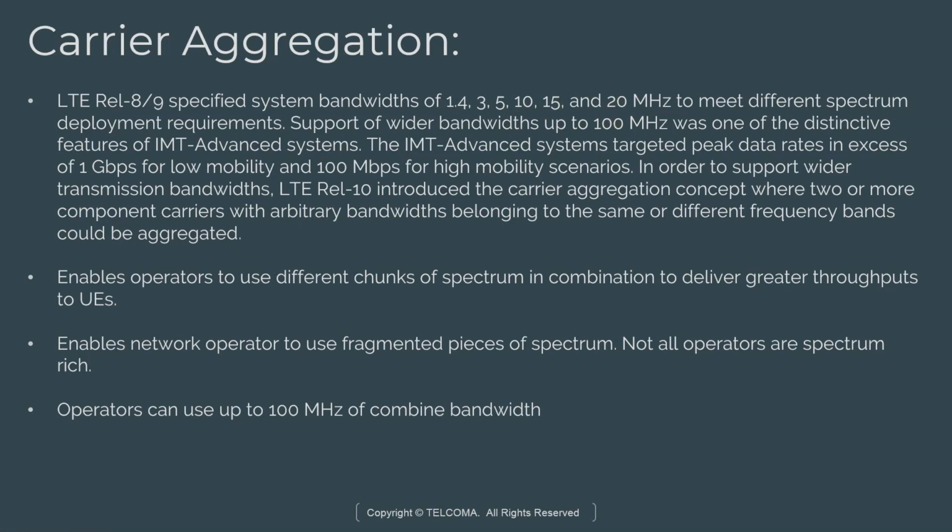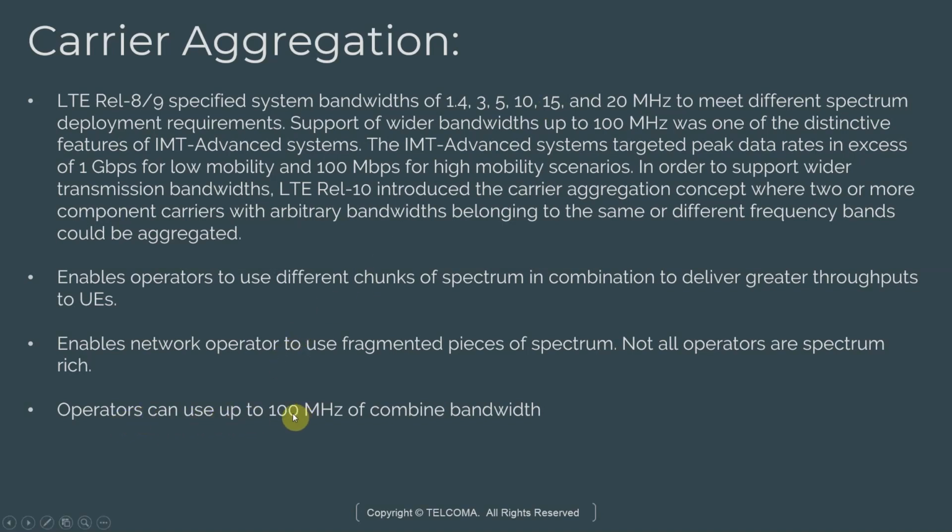And different operators own different kinds of spectrum, right? Not everybody has 20 megahertz, not everybody has 1.4. So with carrier aggregation, you could have one LTE carrier on, say, 3 megahertz, and another LTE carrier on 15 megahertz. And then you can use that as one big LTE carrier and deliver faster speeds to your users.